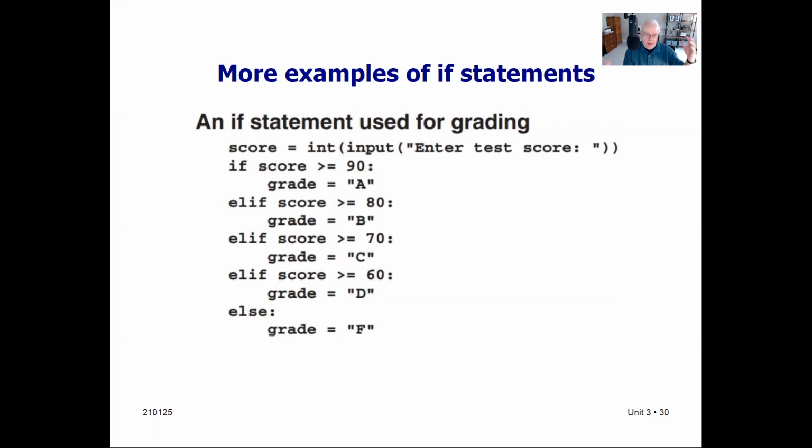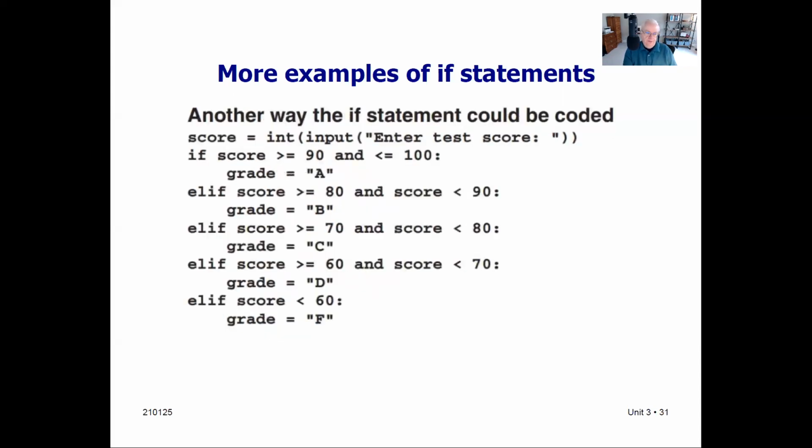If you don't have an A or B or C or a D, you flunked. You get an F. That is a beautiful example of a simple if statement that is written as an if-else statement, and it's written using integers.